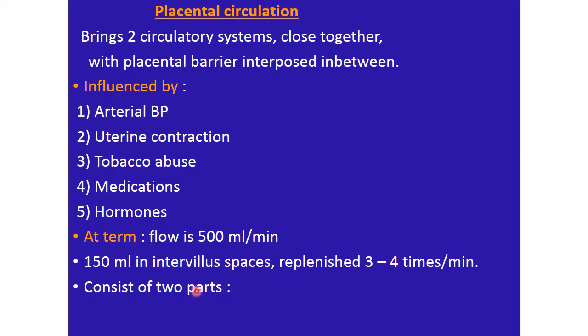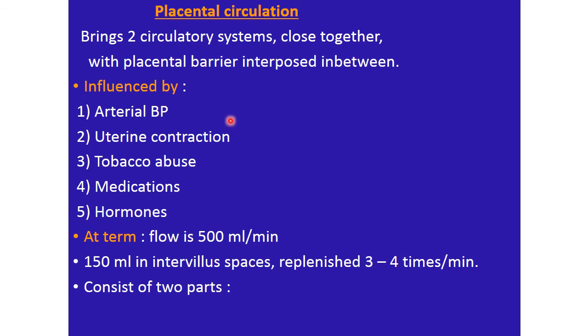Placental circulation brings two circulatory systems, that is the maternal circulatory system and the fetal circulatory system, very close to each other, and the only barrier between them is the placental barrier, because the fetal blood system is now composed of the blood vessels in the core of the tertiary villi, and the maternal blood system has reached from the spiral vessels up into the intervillous space.